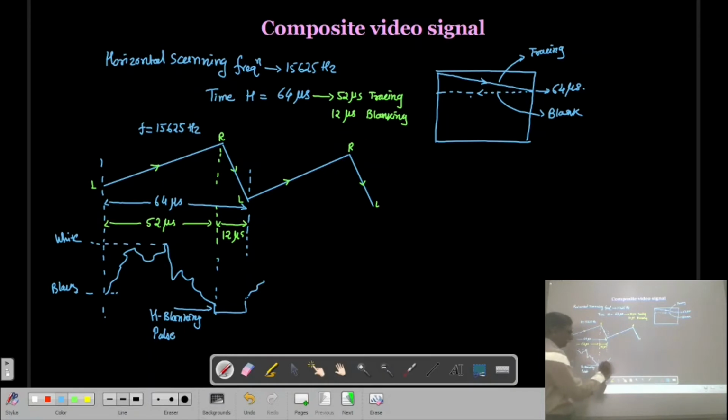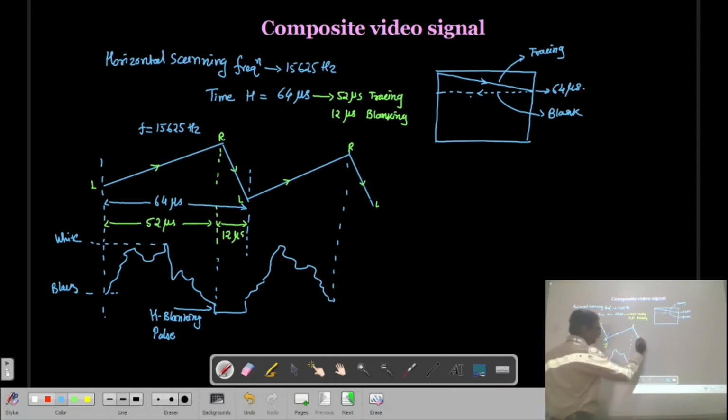And then the next line is going to be traced up to this, and here for this time period, another blanking pulse is going to be added because the line is completed.